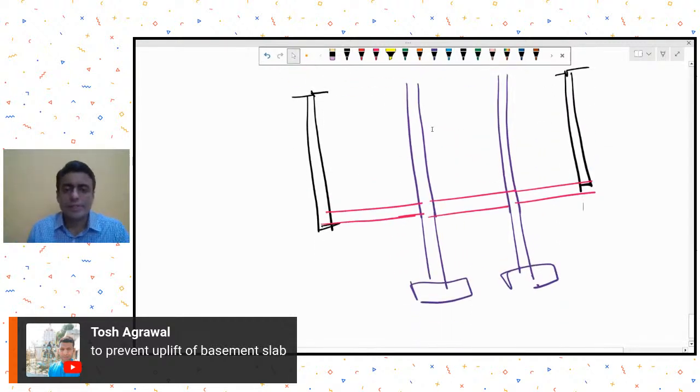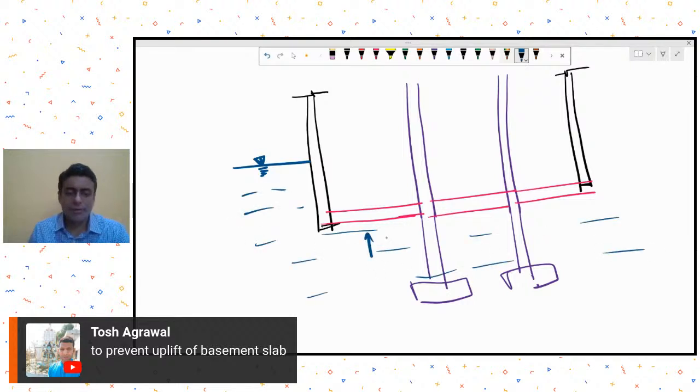I think his question is that if there's a water table over here, there are chances that because of this uplift, if this slab is not properly done, it may just fail under that uplift pressure.